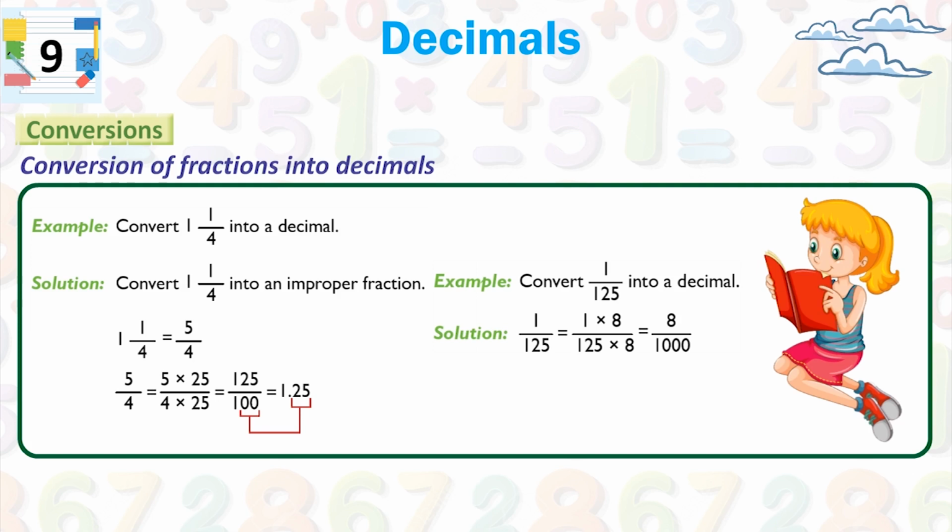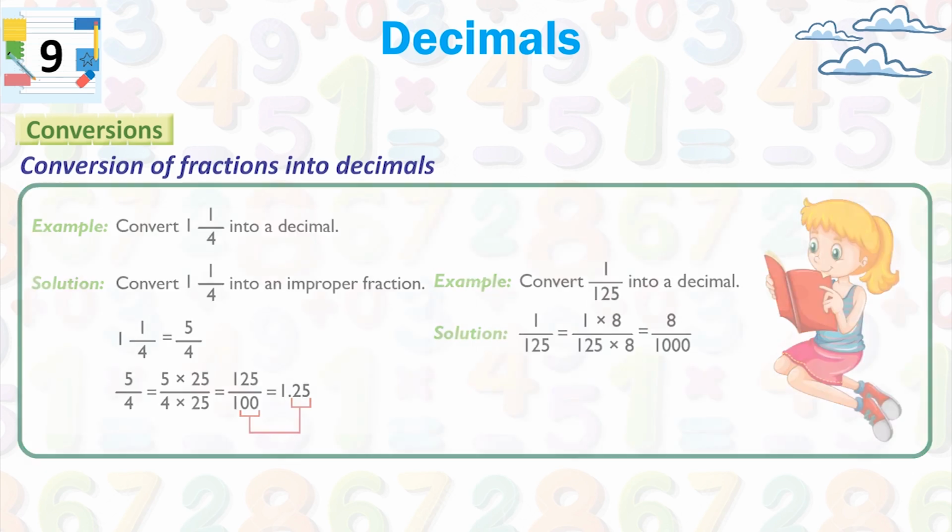Example, convert 1 upon 125 into a decimal. Solution, 1 upon 125 is equal to 1 into 8 upon 125 into 8 is equal to 8 upon 1000.